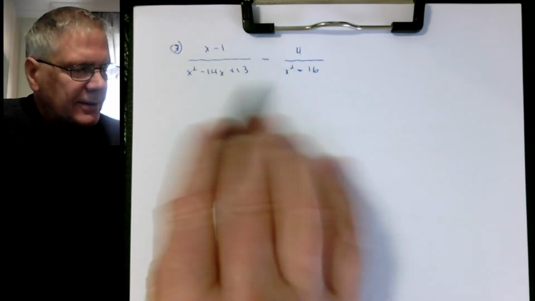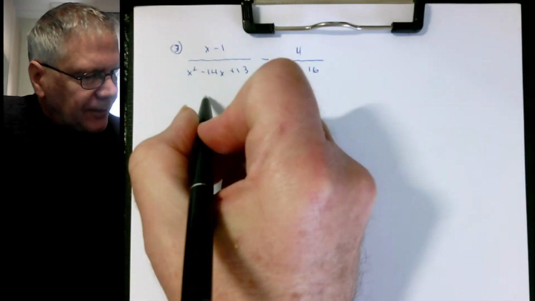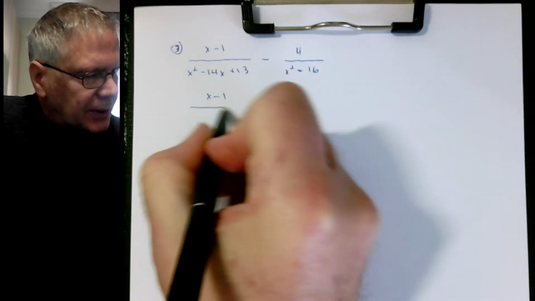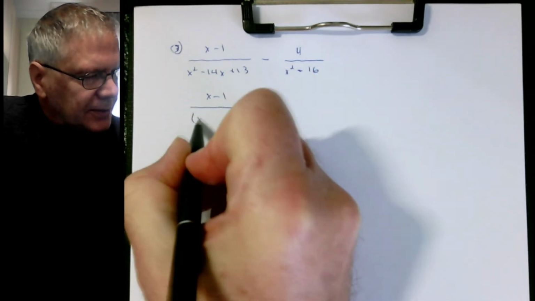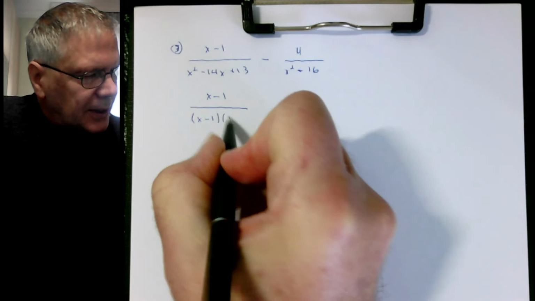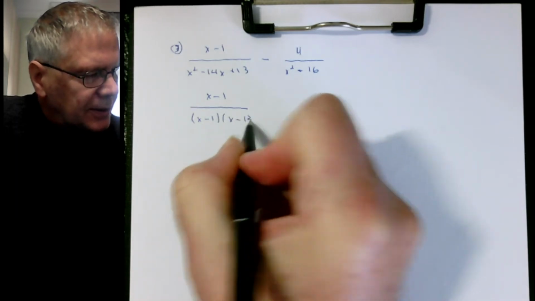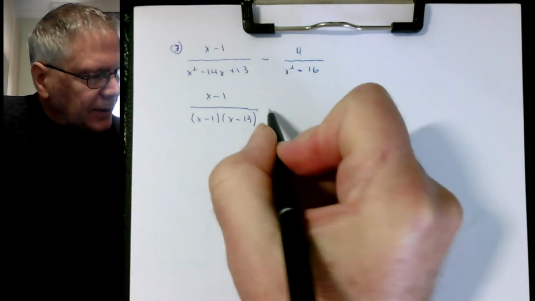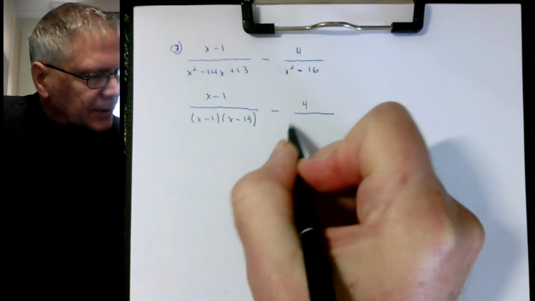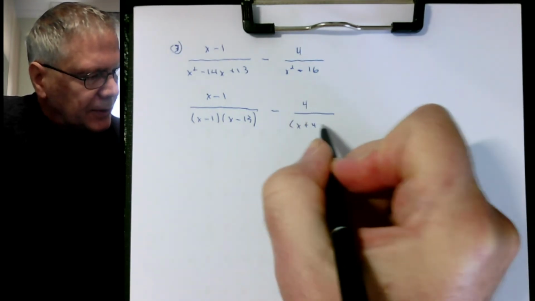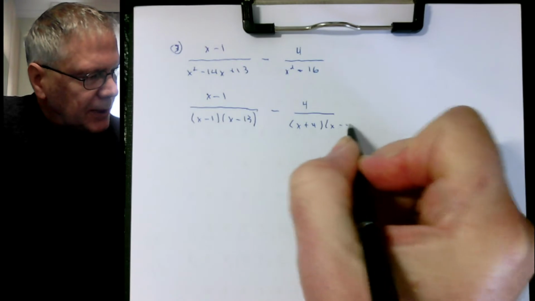But let's factor the denominators first here. This is x minus 1 over x minus 1 times x minus 13, right? Minus 4 over x plus 4 and x minus 4.